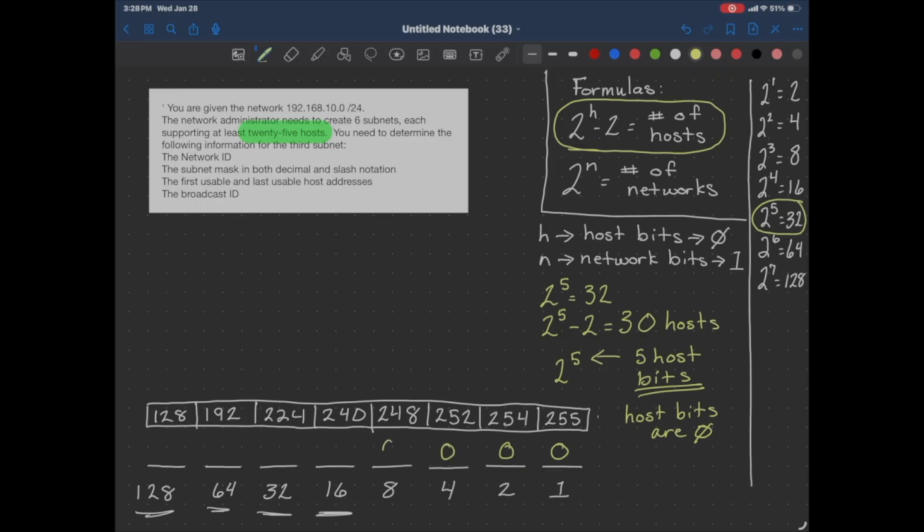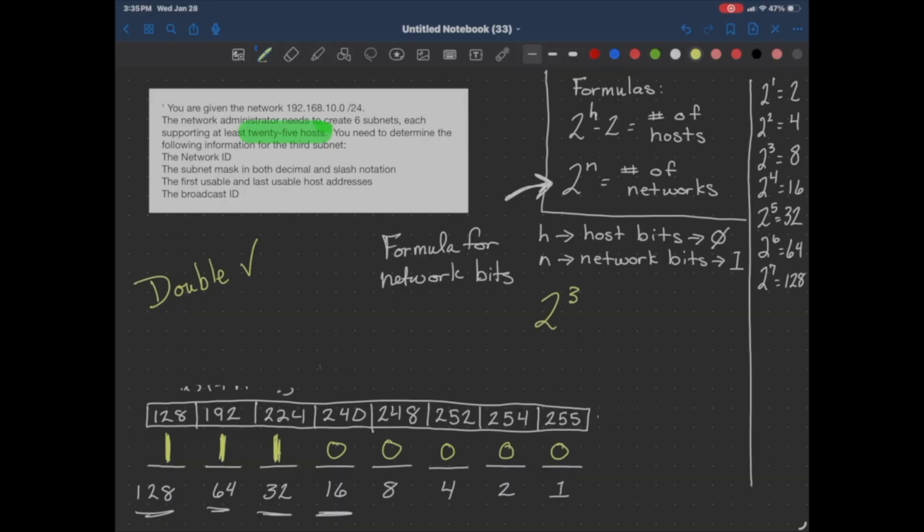And here's my 5 zeros. Then what I have remaining on the network side is 3 ones, because ones are network bits, and I've used up 5 spaces. I have 3 remaining, so I'm going to fill those with ones. This is going to work for my host bits.